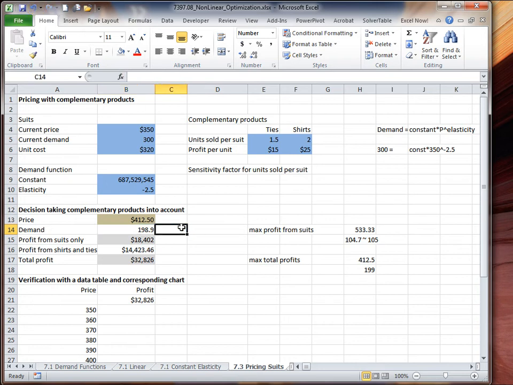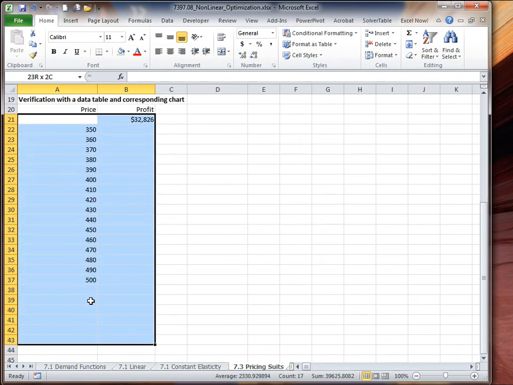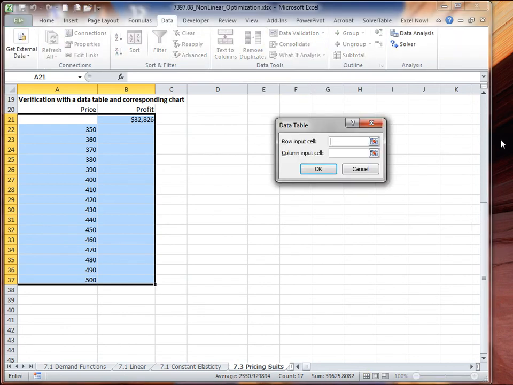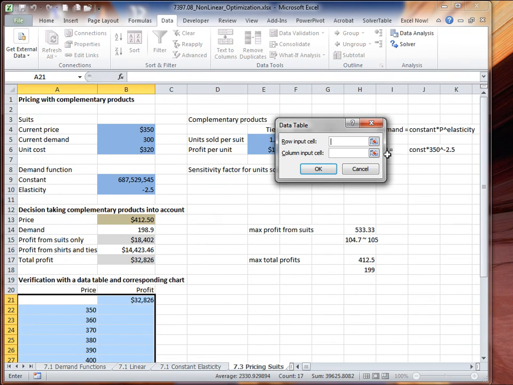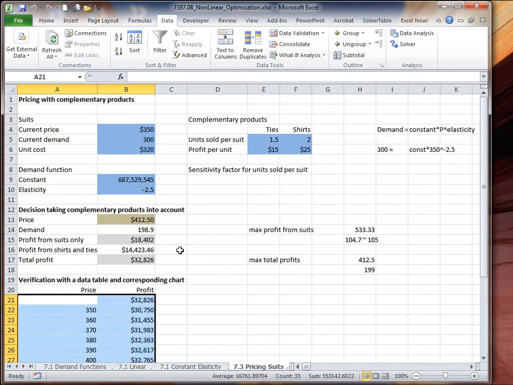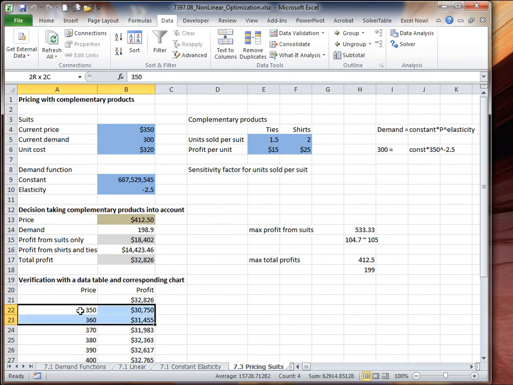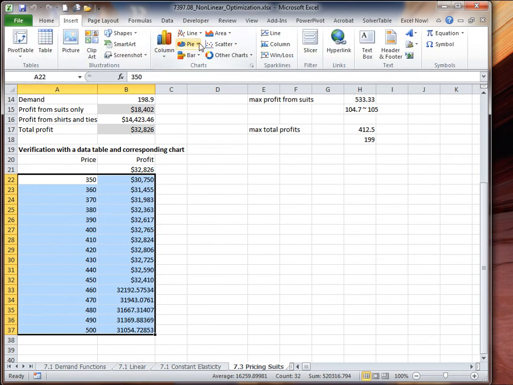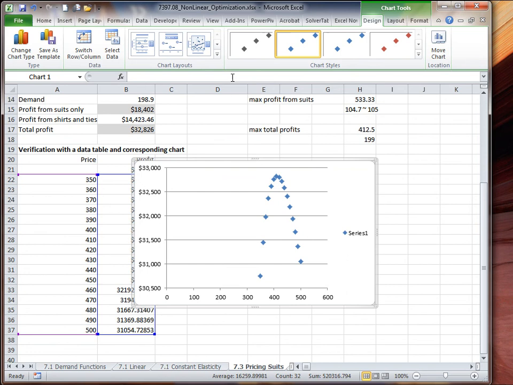Okay, so here's my table. Data, what-if, data table. My column input cell is price. Okay. Now insert scatter plot. And there you go.